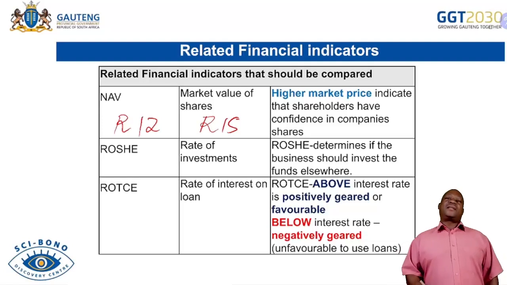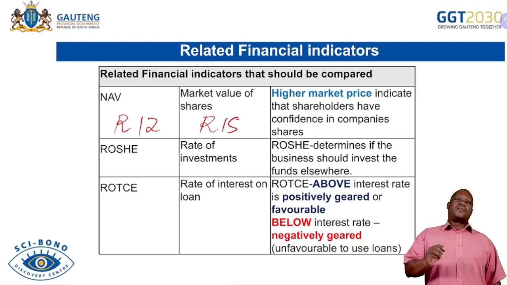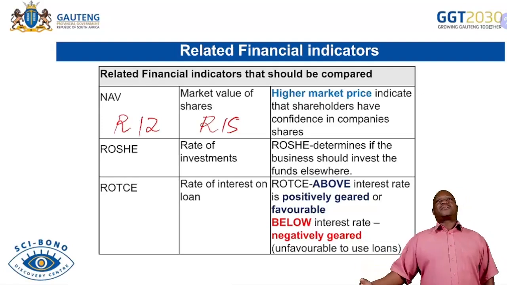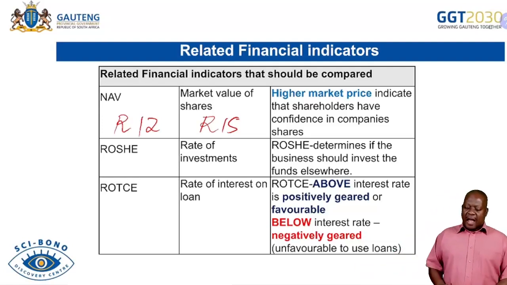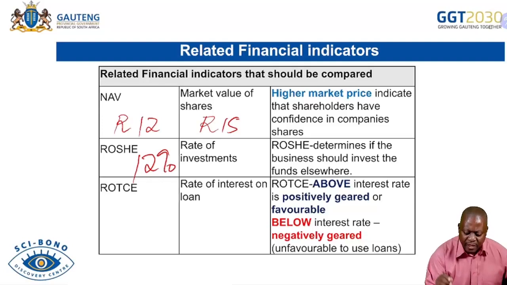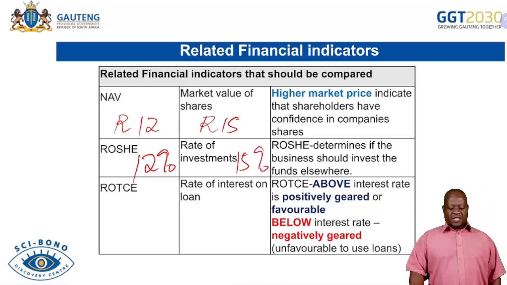Now, the next one is the ROSHE, the return on shareholders' equity. The return on shareholders' equity is usually compared to the rate of investment. We mean other investments. So if our company is giving us a rate of return of 12%, but there are other investments out there which can give us 15%, should we continue investing in this company?